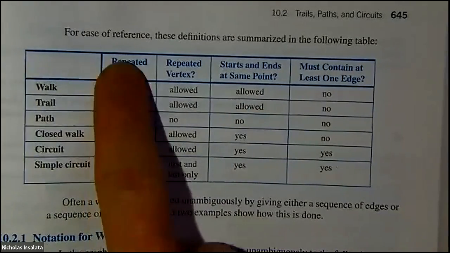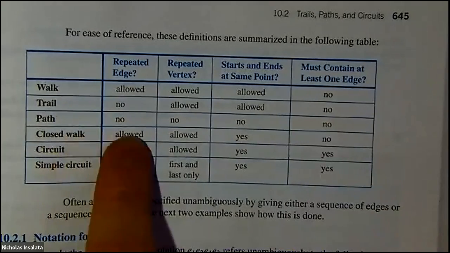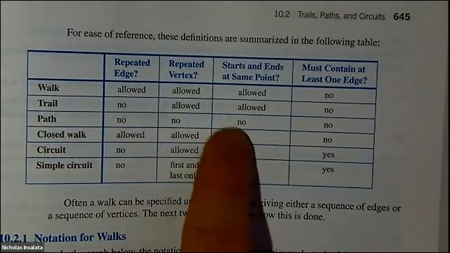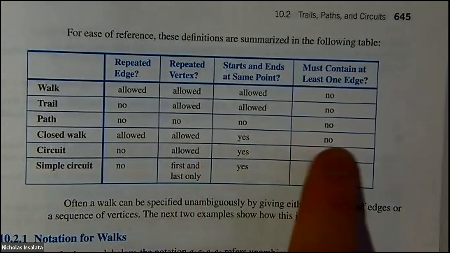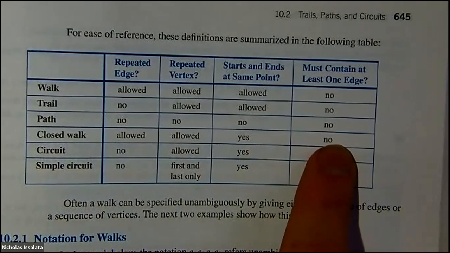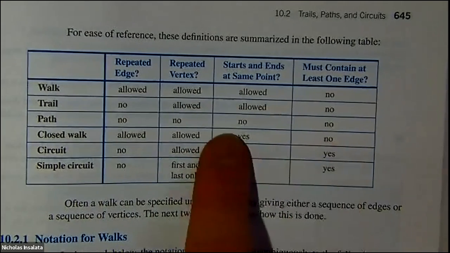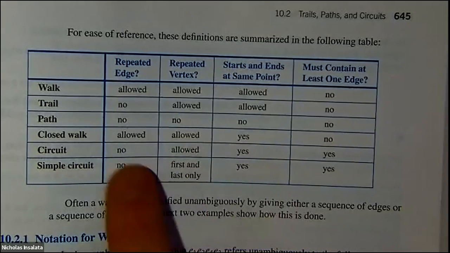A trail has no repeated edge, and that's it. A path has no repeated edges or vertices, okay? A closed walk has everything allowed. You don't have to have an edge, right? But you do have to start where you stopped, right?